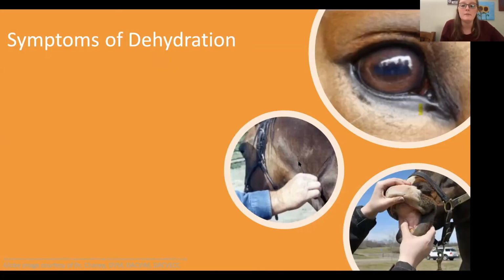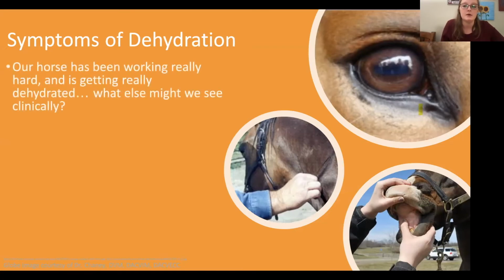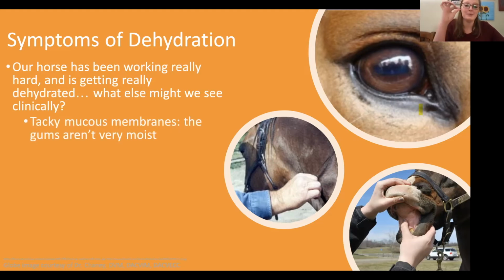So I mentioned that veterinarians can check and see how dehydrated a patient is. Here's back to our horse example. What else can we see about the horse to tell us, other than that it is really sweaty, that it is very dehydrated? If you pick up the lip of yourself or of your horse or of your dog, underneath your lips are your gums.